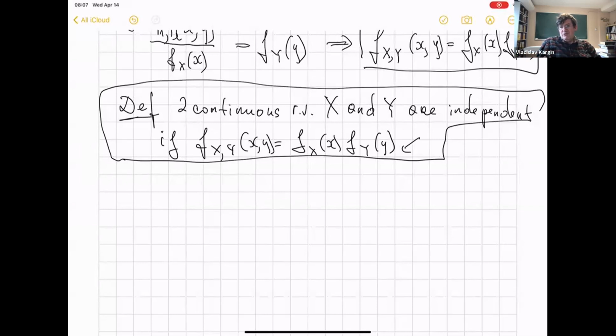Usually it's not so complicated. You just need to check that you can write down the density as a product.